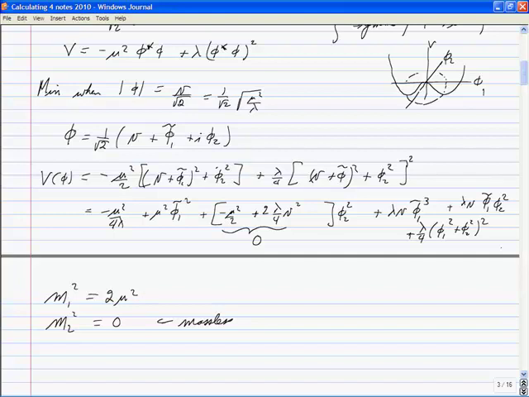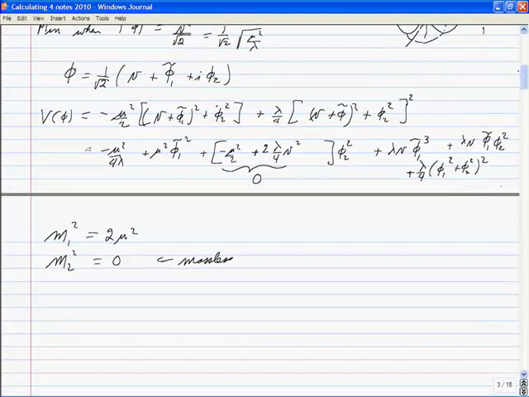If I look at the state down here, at this minimum there's a curvature in this direction. The curvature means the mass, because if I excite the field, I take some energy. The curvature in the phi 1 direction is non-zero. The curvature in the phi 2 direction is 0. So if I try making an excitation in the phi 2 direction, it doesn't cost me any energy. I get the same energy all the way around. That's the intuitive explanation.